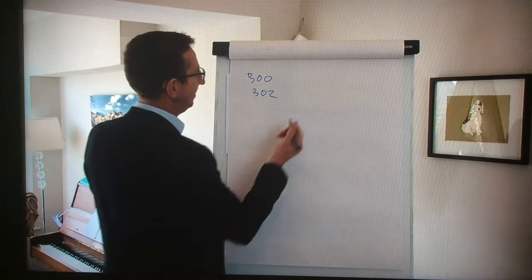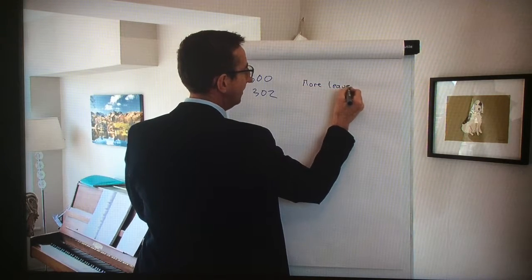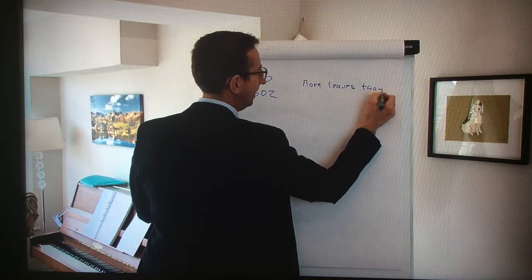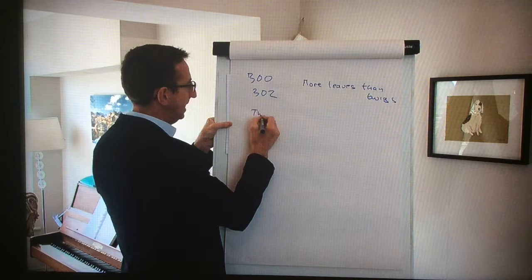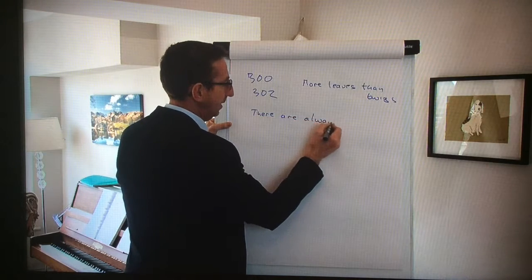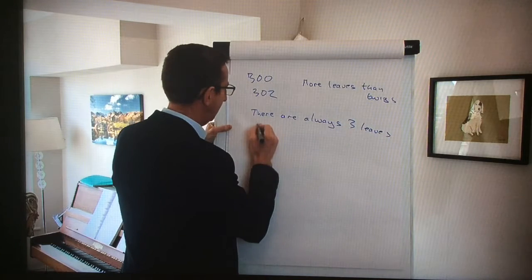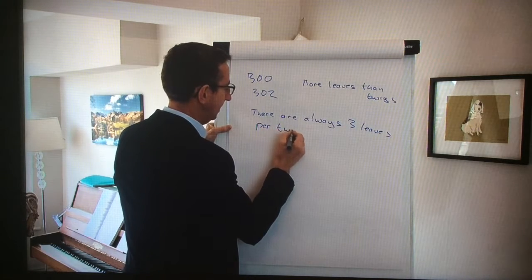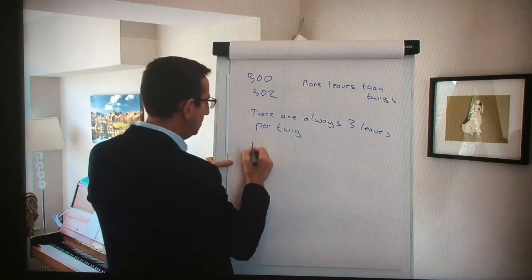They start saying things like, well, I know there's more leaves than twigs. They'll say things like, there are always 3 leaves per twig.